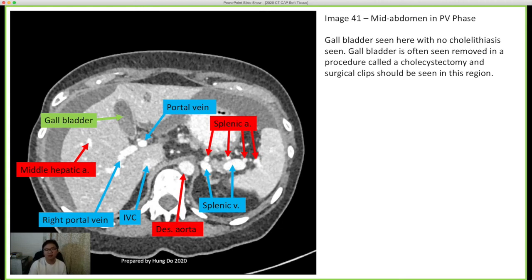So remember that the portal vein itself doesn't communicate with the IVC. The hepatic veins, the veins leaving the liver, are the ones that confluence with the IVC.